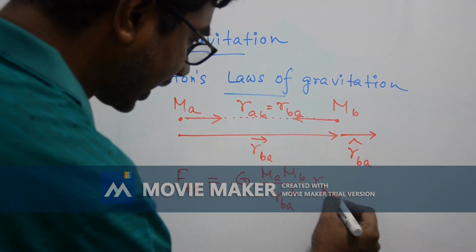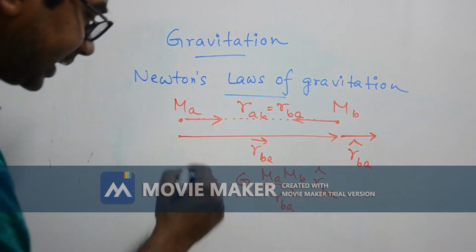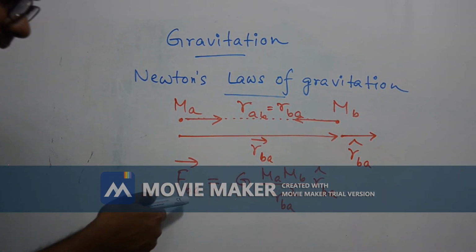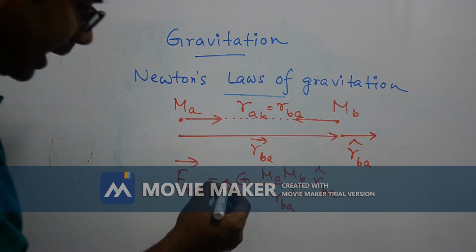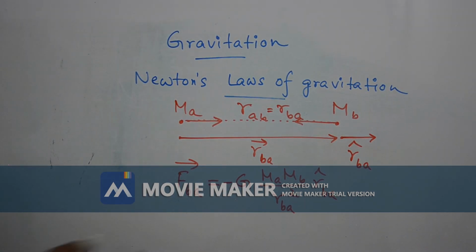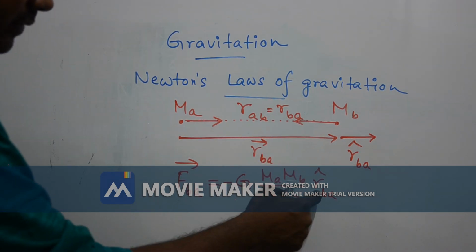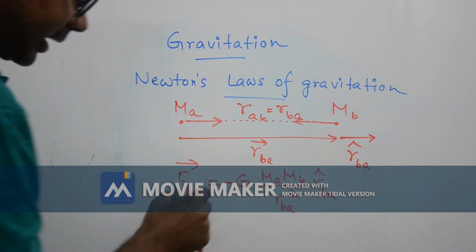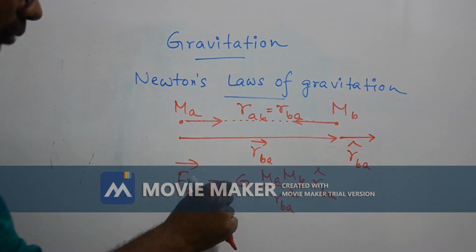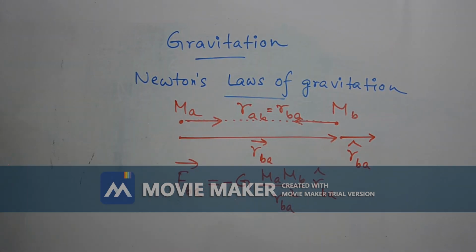So when we write RBA hat, we see, using the vectorial notation, the direction of this vector and the direction of the force are actually opposite. So we'll balance that by introducing a minus sign. Now everything is clear, because this is the magnitude, this vector is pointing out, but the actual force is pointing in because it's acting on this side. So we'll balance that by introducing a minus sign.